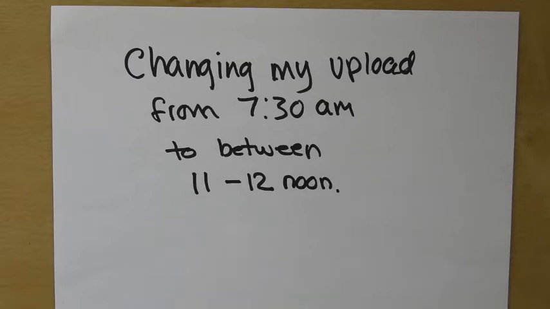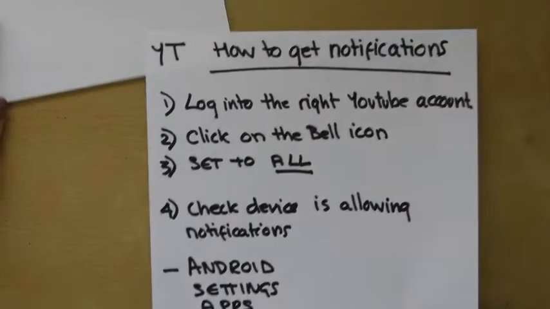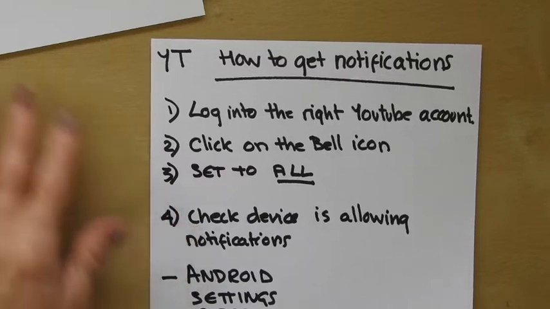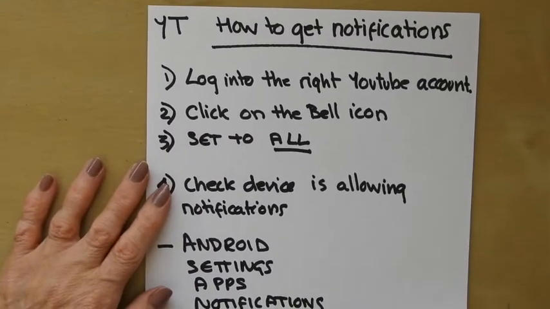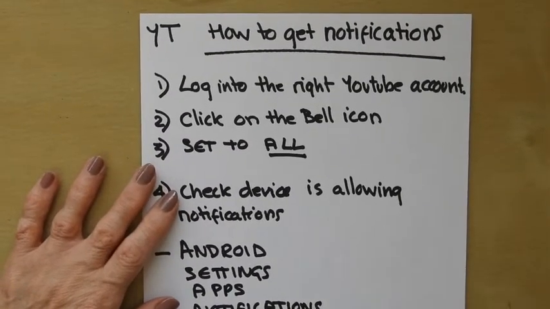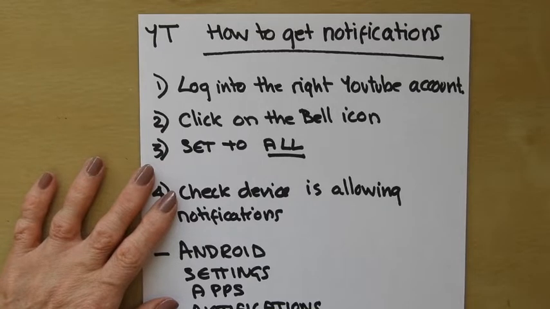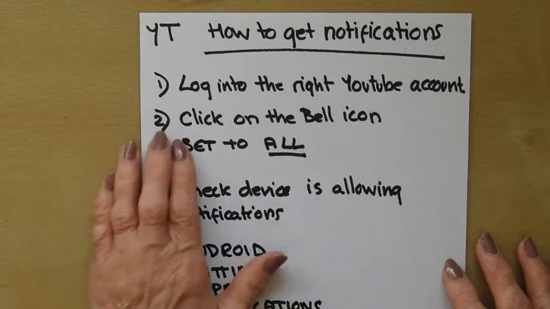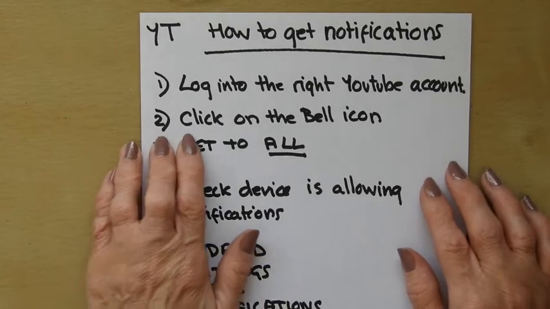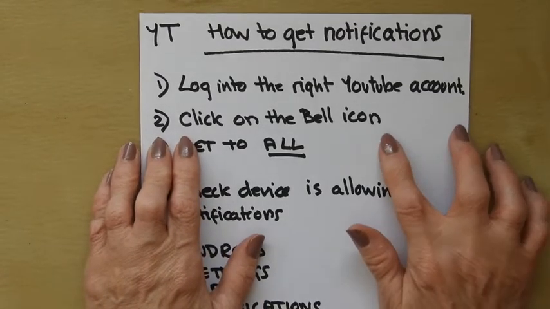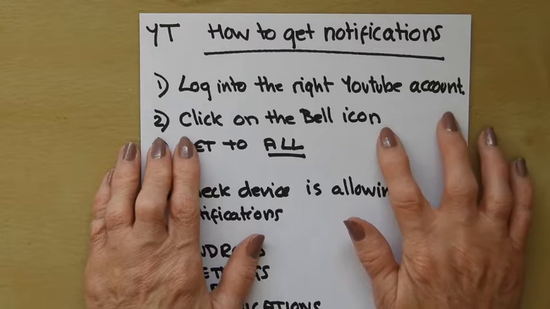The first thing that you have to do is to log into the right YouTube account. So, if you're watching YouTube from multiple accounts or whatever, just make sure you're clicked into the right one and you're logged into that. Number 2 is to click on the bell icon. Now, most people know about this already.